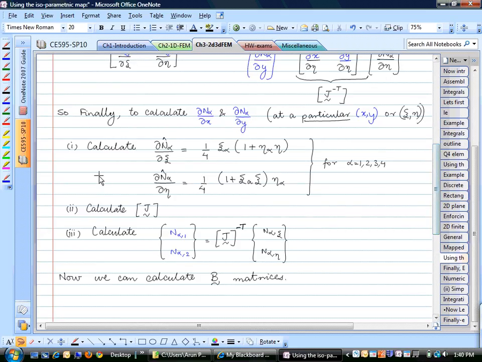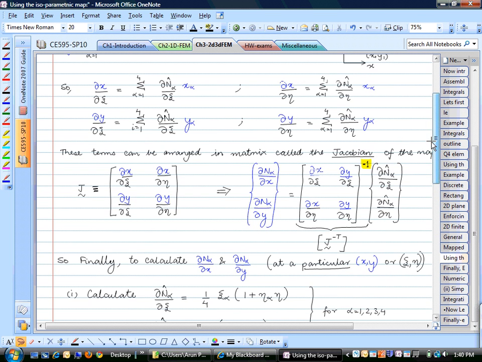Finally, all the steps are pretty much written right here. Once you are given the 4 coordinates of a quadrilateral element, the first thing you do is calculate the shape function derivatives on the parent domain. Once you have those, you can calculate J. J is right here, and in J, all these 4 terms require only these 4 quantities, because you already know x alpha and y alpha.